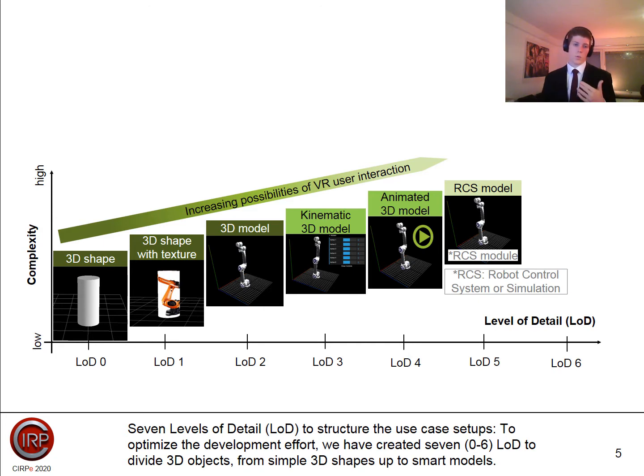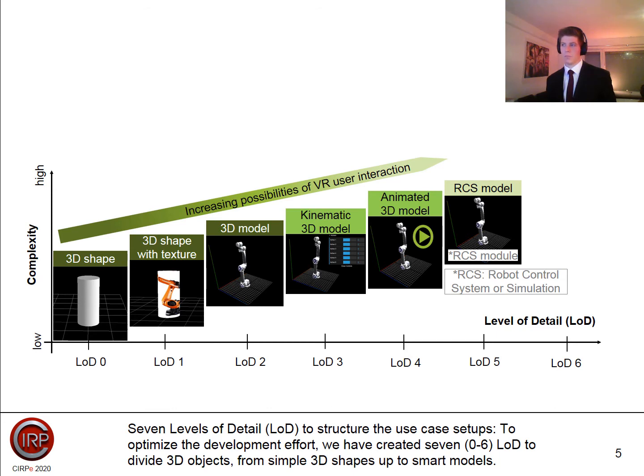More advanced you get with RCS modules, so you have to build like an inverse kinematics of the robot, and then you have to couple these with the model, and this is some advanced robotics, and not so straightforward and not freely available. So you can pay for the RCS modules from the companies. So robot companies have for all their robots RCS models, but they are normally not free and not easily integratable in every kind of software.